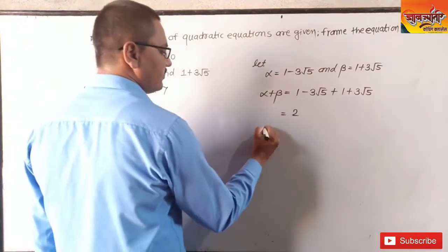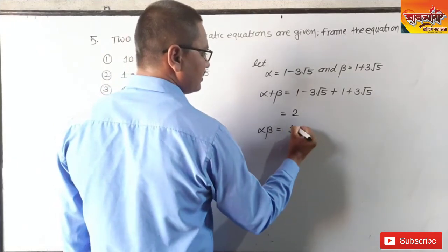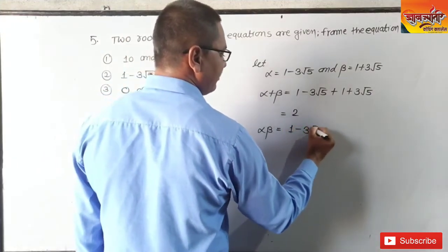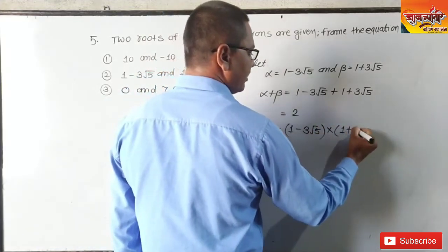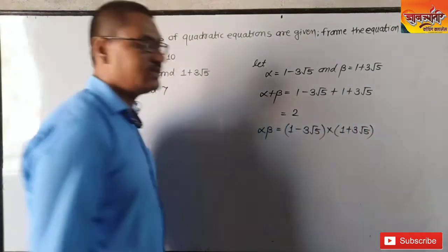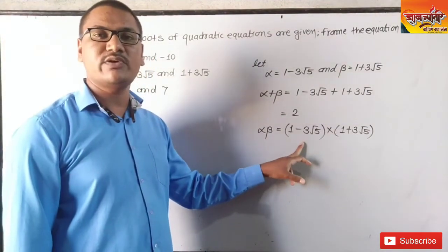Then find alpha beta, which is the first root, 1 minus 3 root 5, multiplied by the second root, 1 plus 3 root 5. These terms are the factors of a square minus b square.